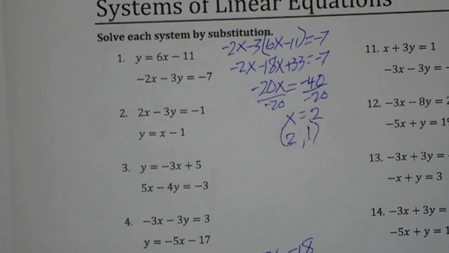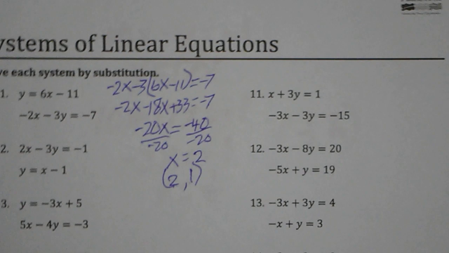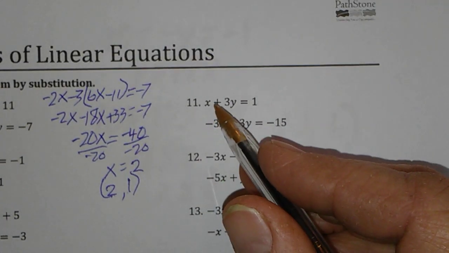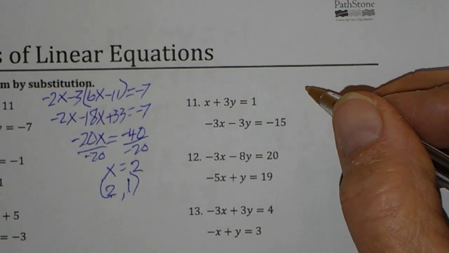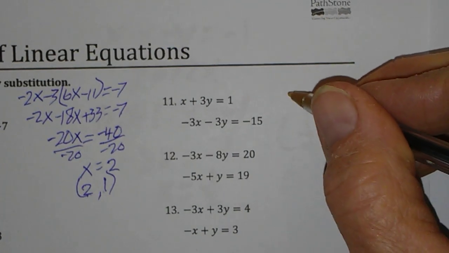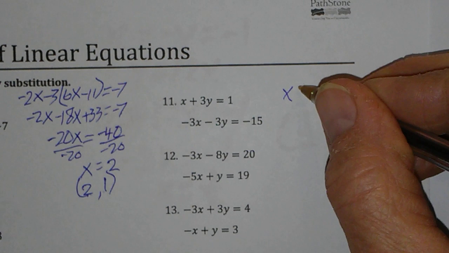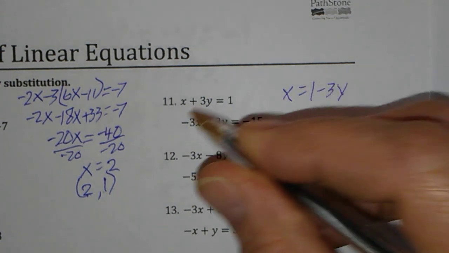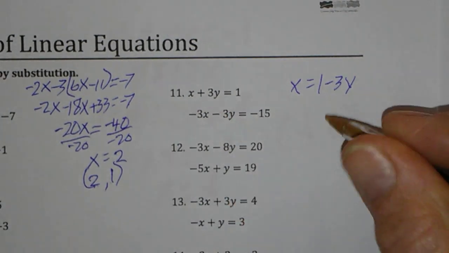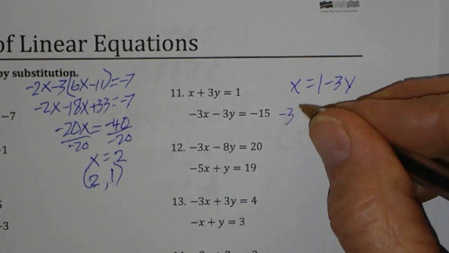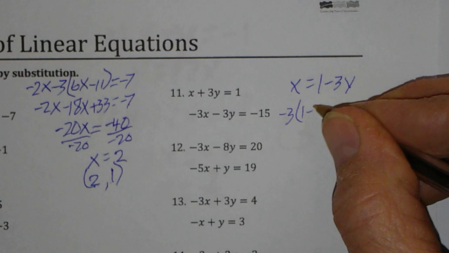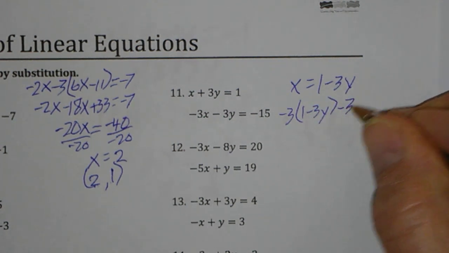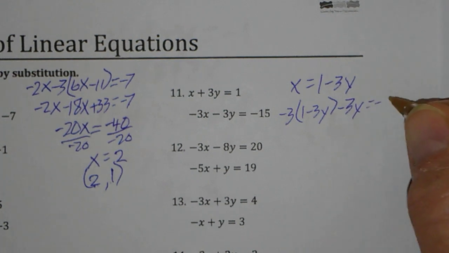So I will leave you to work on these and check your answers in the back. Okay, here's another one where we can substitute the x. Let's try that one. We'll do just this one here. X equals 1 minus 3y. I subtract 3y from both sides. Now I'm going to put it in here. Minus 3 times 1 minus 3y minus 3y equals negative 15.